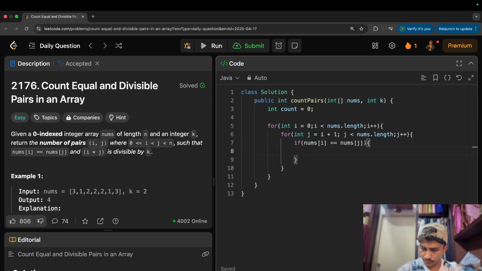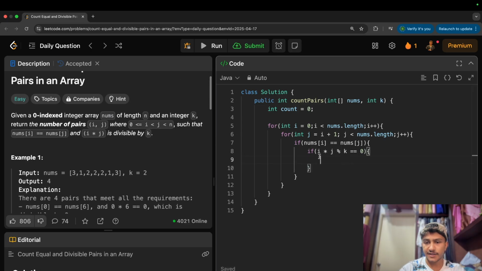If it does, we're gonna have one more condition: if i multiplied by j mod k equals 0, so whether it is divisible by k or not. k could be any number, but the product of i times j divided by k has to leave no remainder. If it is, then we do count plus plus. That means that's one pair, and then we just return count.